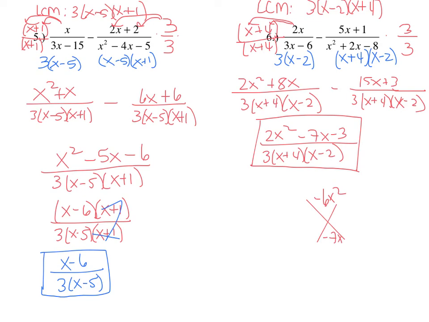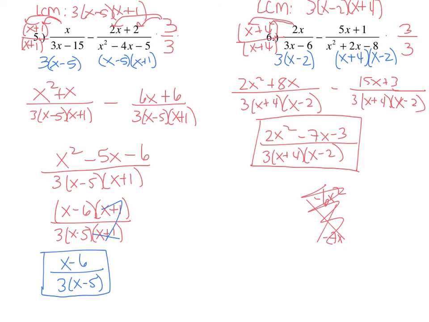There's just no way to get there. 6 and 1 would work if it were positive 6. But it's not, it's negative 6, so you'd have to do a positive and a negative. So we can't do it. You can't factor the numerator, so that's as simplified as you can get. 2x squared minus 7x minus 3 divided by 3 times x plus 4 times x minus 2.